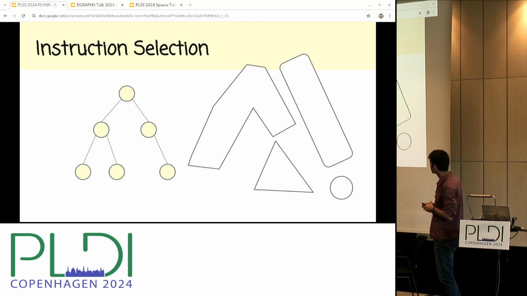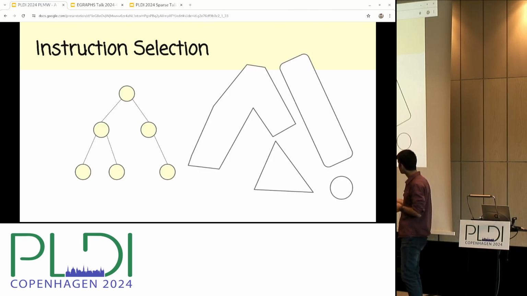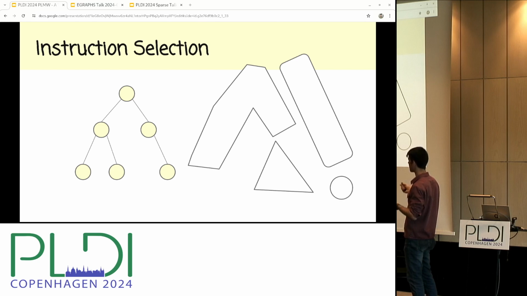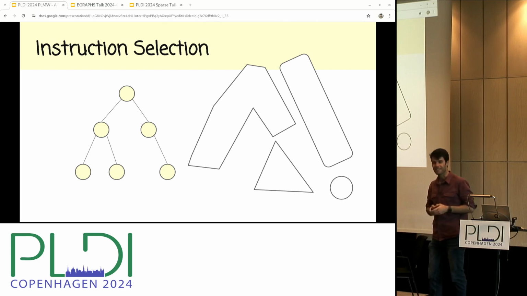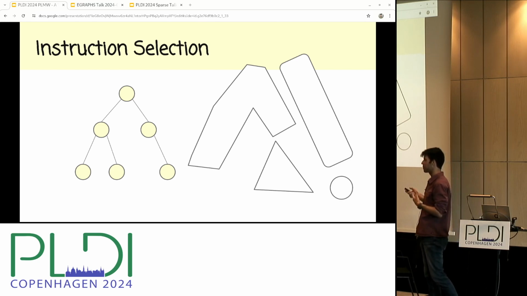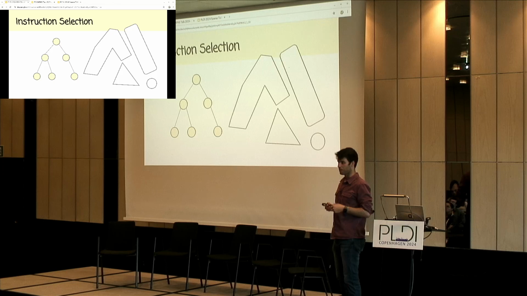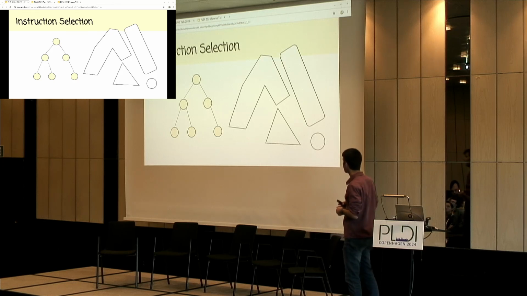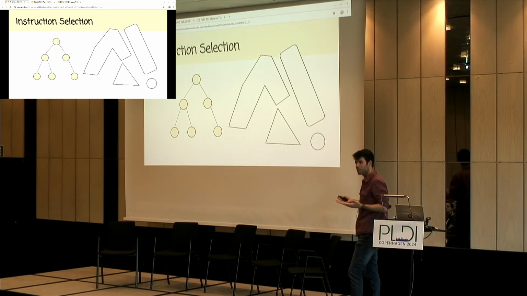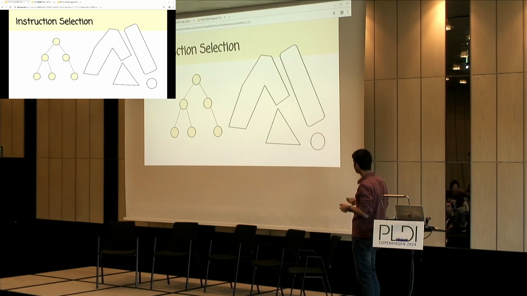How do we cover the AST with these templates? It's easier to see this pictorially. We have our AST over here, and we have our funny-looking templates over here. And the point is to literally cover the tree with these shapes, each one representing a template on how to lower that fraction of the AST into some linear ordering. As you can imagine, you could approach this as a search problem. Well, let's just pick one and apply it somewhere. Let's apply the biggest one. We're going to approach this greedily.